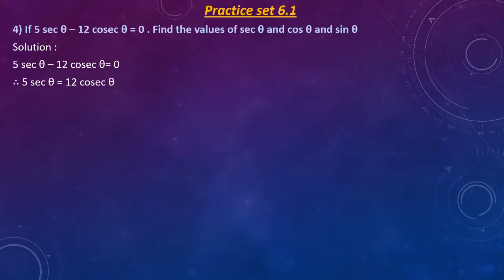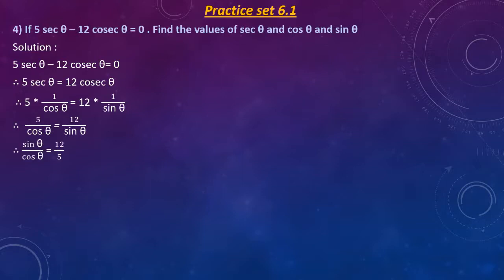So we can write 5 sec theta is equal to 12 cosec theta. Therefore 5 into sec theta, which is nothing but 1 upon cos theta, is equal to 12 into cosec theta, which is nothing but 1 upon sin theta. So we get 5 upon cos theta is equal to 12 upon sin theta.